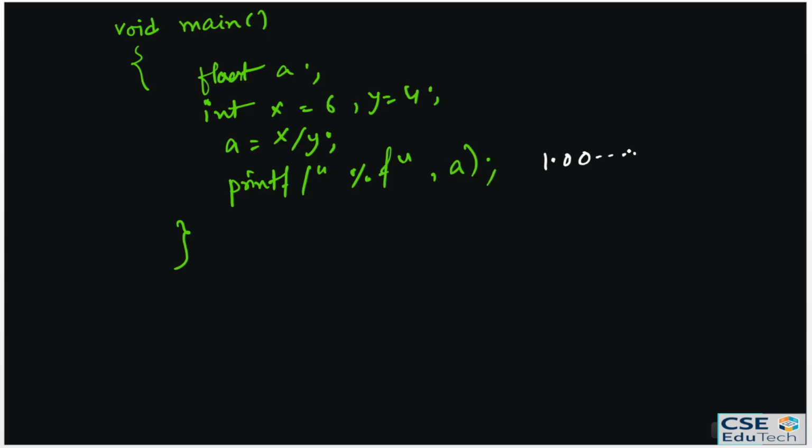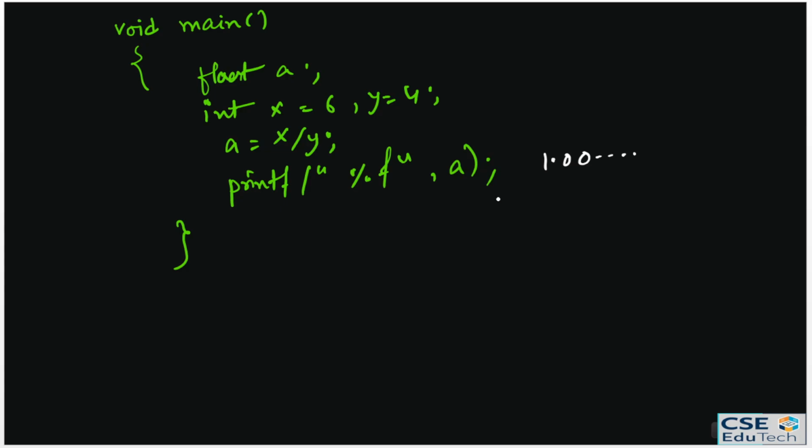1 will be there because x is an integer, y is also an integer. If we divide, the higher type is integer, so it will only put the integer, and this will be stored, so 1 is stored and 1.00 will be printed. So we have lost 0.5 here because the actual output will be 1.5.